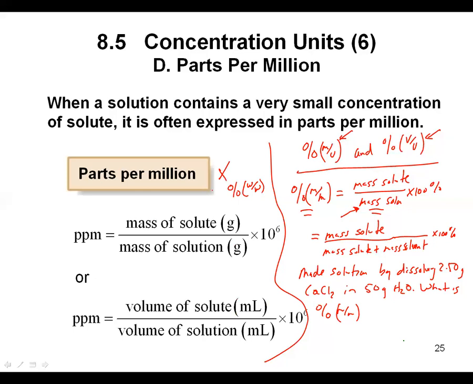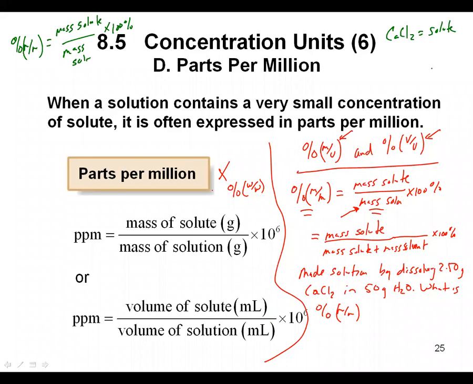Okay, so if we're going to calculate the percent mass to mass, again, percent mass to mass is going to be the mass of the solute divided by the mass of the solution times 100%. We make this solution by dissolving 2.5 grams of calcium chloride in 50 grams of water. In this particular problem, our calcium chloride is our solute, and our water is our solvent.